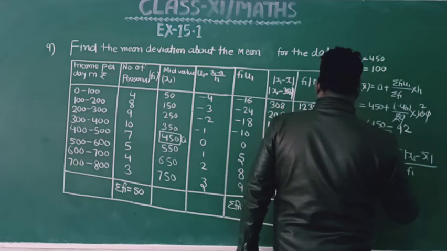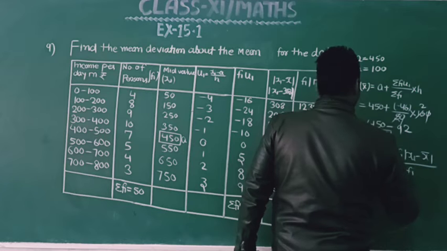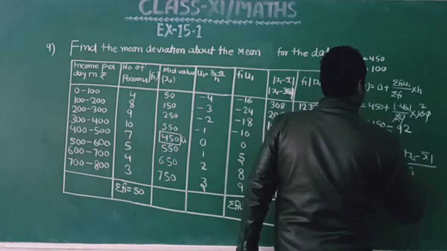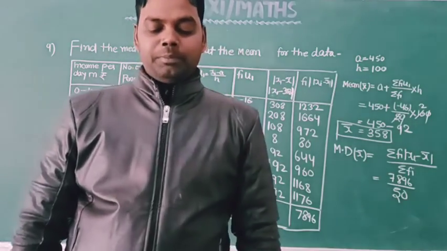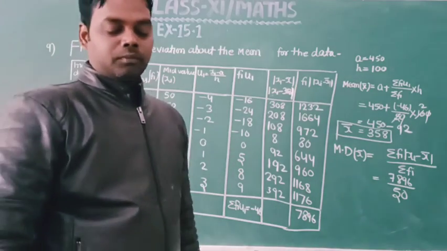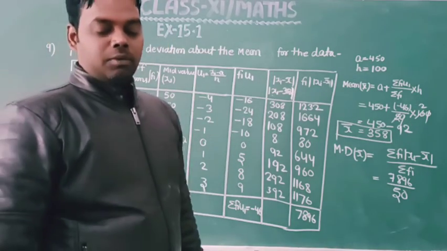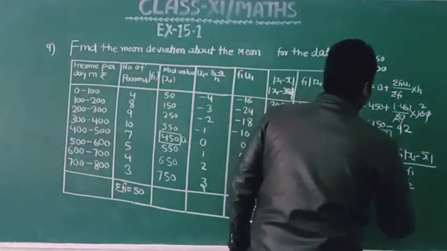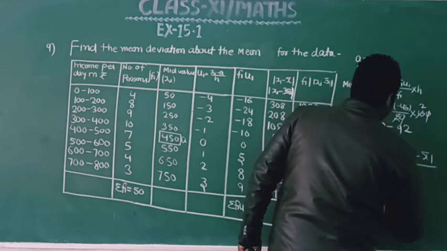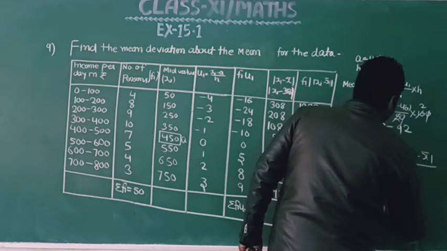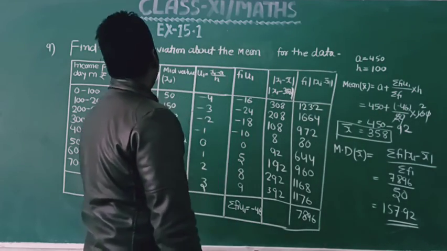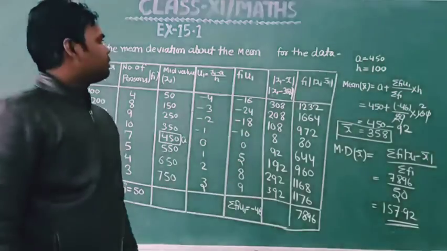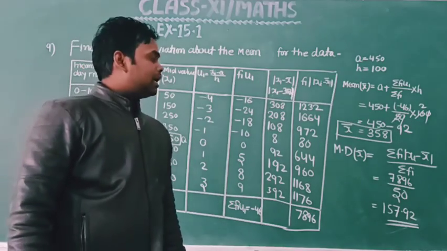So this is 7896 divided by 50, which gives 157.92. This is the required value of the mean deviation about mean of the given data.